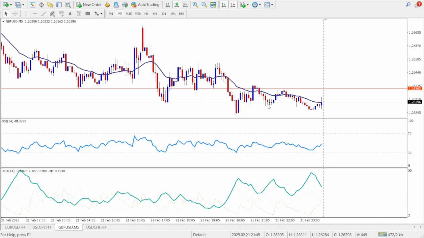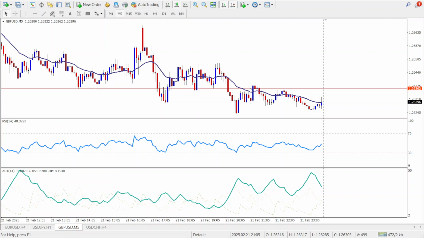Let us start with the EMA, or the exponential moving average. Now, the EMA is great for identifying trends because it gives more weight to recent price action, which makes it much more responsive than a simple moving average. This makes it an ideal tool for traders who want to catch quick price movements and trends.